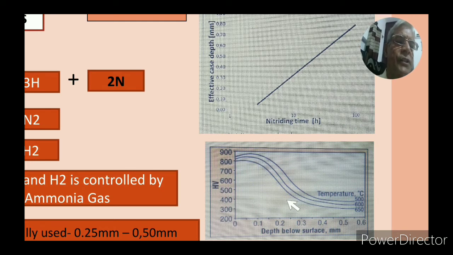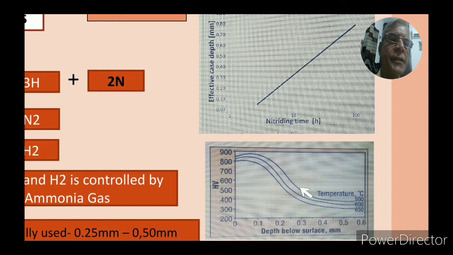So in this you can see, suppose I take 0.5, 0.3. If I am nitriding at 500, and I go slightly higher, the hardness comes to around 500.